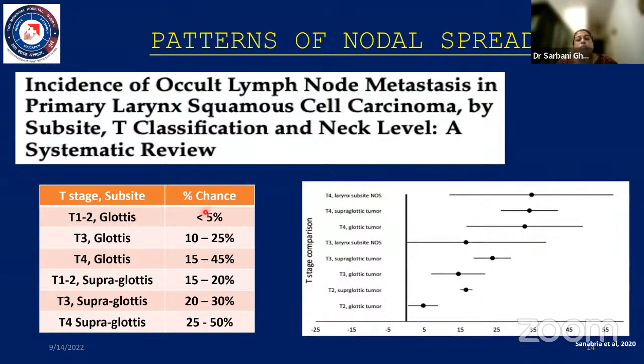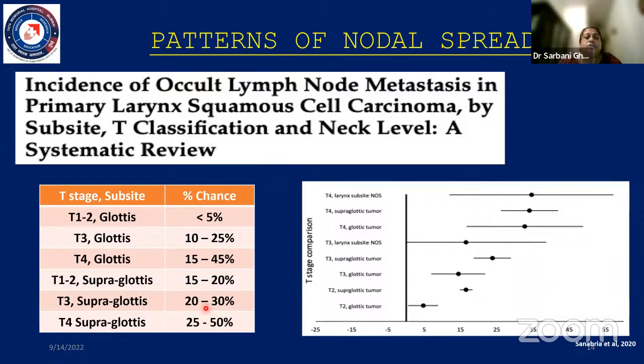But what you need to understand here is that stage per stage, the incidence of lymph node involvement would be higher for T1, T2 glottis versus T1, T2 supraglottis. But as you go to the higher stages, the incidence of lymph node metastasis, both for glottic as well as supraglottic cancers, would be very high.